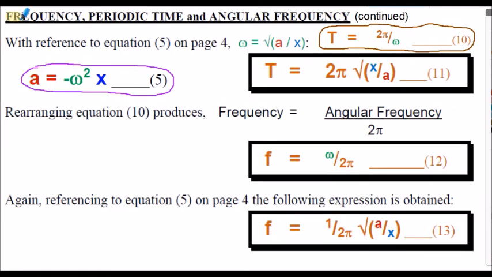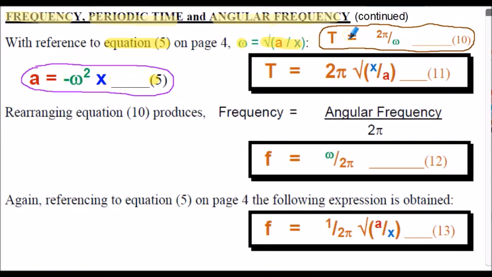Consider our relationships between frequency, periodic time and angular frequency. With reference to equation 5, repeated here for convenience, we could rearrange equation 5 to make omega equal to the square root of a divided by x, transposing equation 5 here.